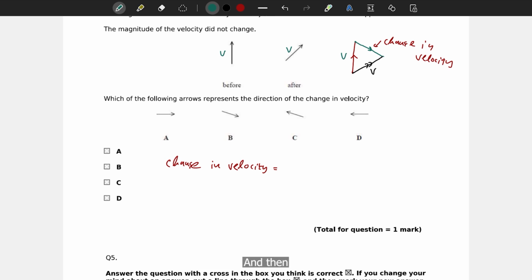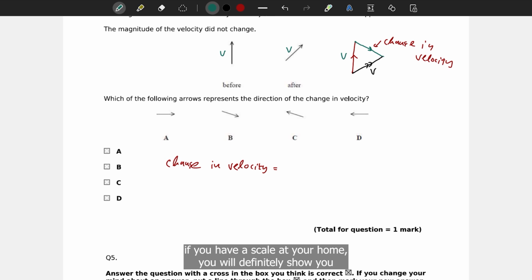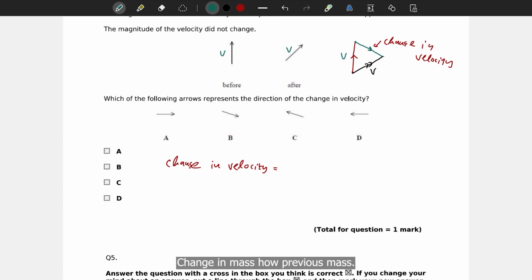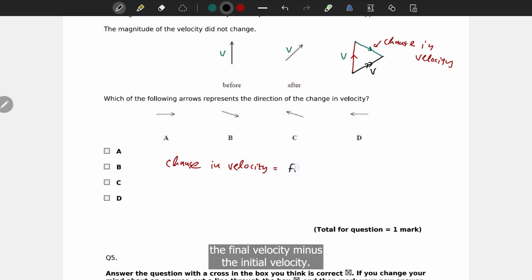And then if you have a scale at your home, you will measure your new current mass, and you will get the change in mass. How? The final mass minus the previous mass gives you the change in mass. Then similarly here, change in velocity is the final velocity minus initial velocity. Final velocity minus initial velocity.